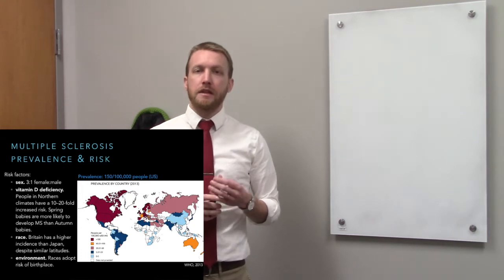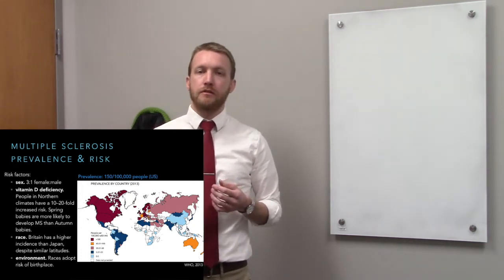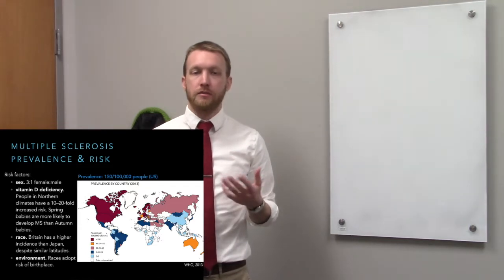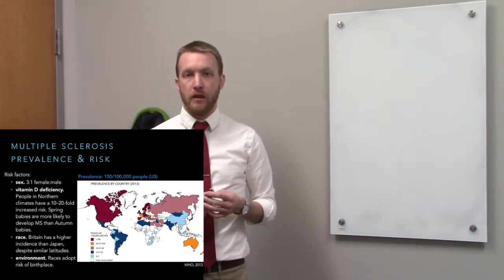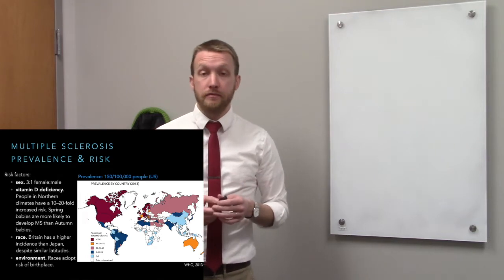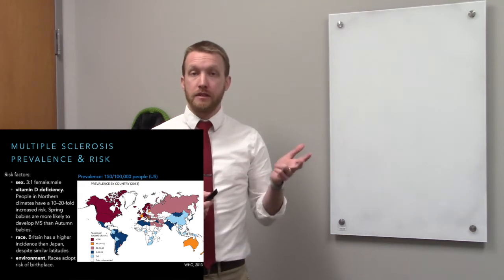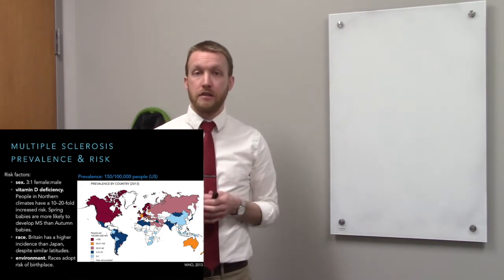So there's likely a mixing of environment, race, and culture, all of which are affecting some common underlying risk factor. And it may very well be vitamin D. So it could be the foods that people eat, the amount of sunlight that's available to them, and different propensities of the races to have vitamin D deficiency.